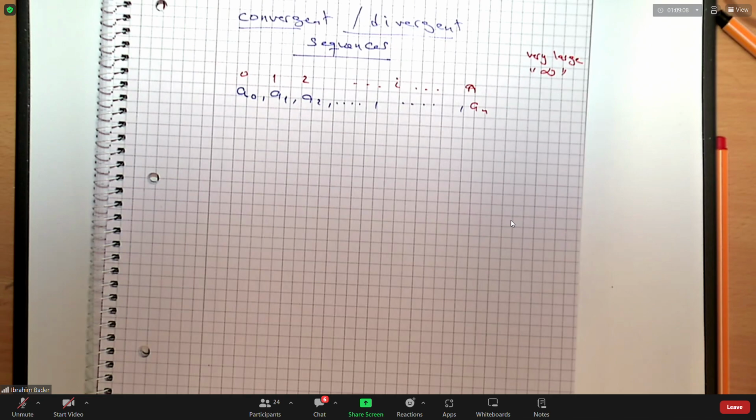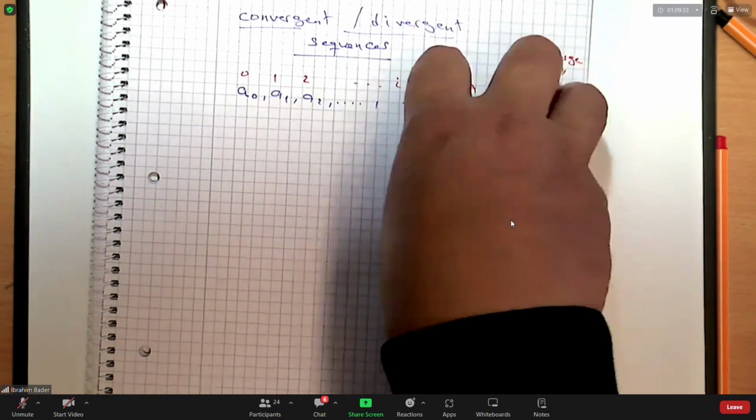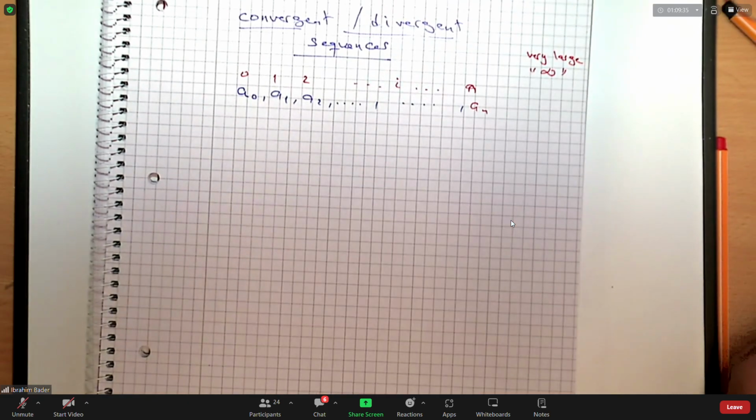Imagine you are traveling in a boat in the ocean, and you are heading nowhere, or you are heading to some specific harbor. If you are heading to some constant number, this is what we call a converging sequence.